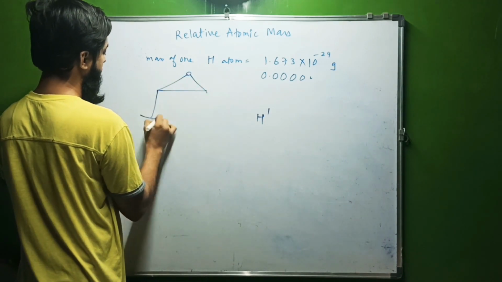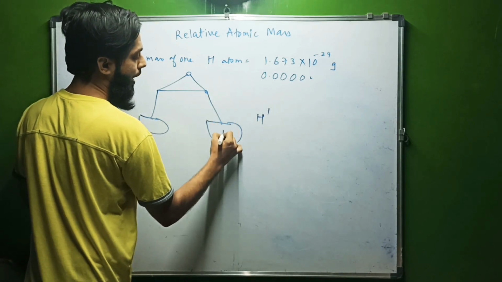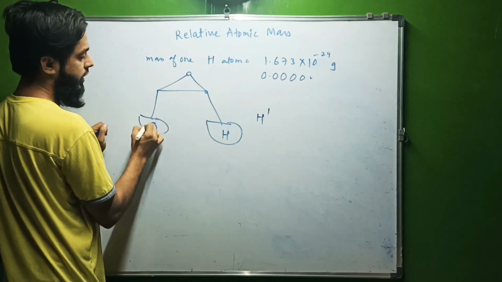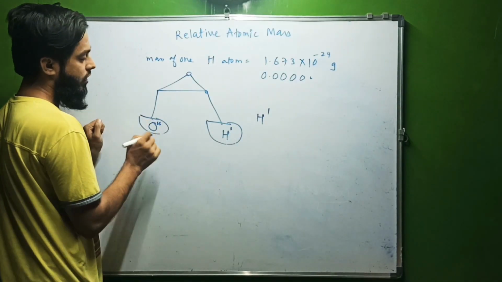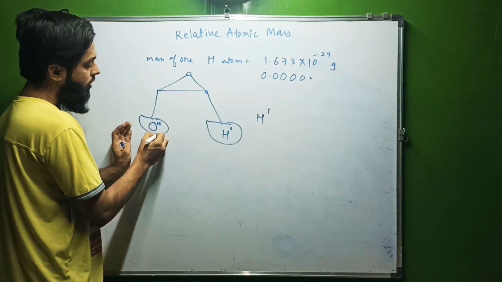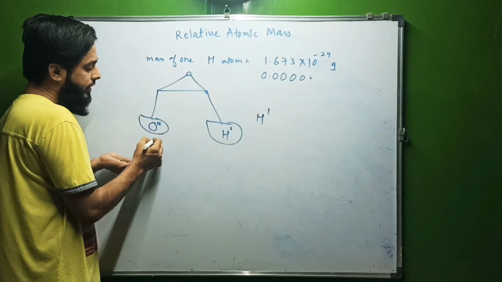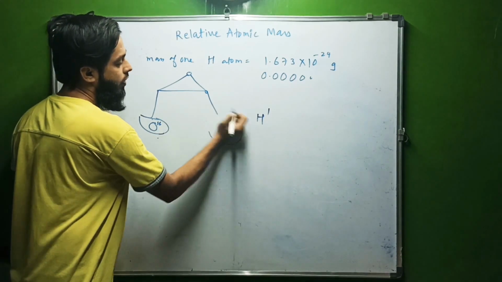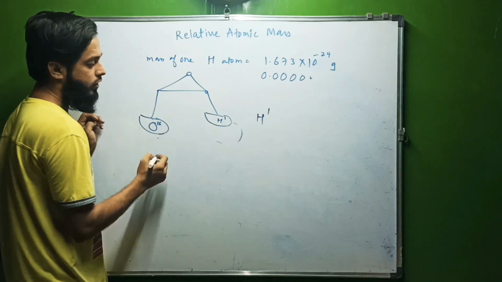If we keep hydrogen and if we keep oxygen, hydrogen is having weight 1, oxygen is having, for example, 16. So taking hydrogen as a reference, we can say oxygen is 16 times heavier.